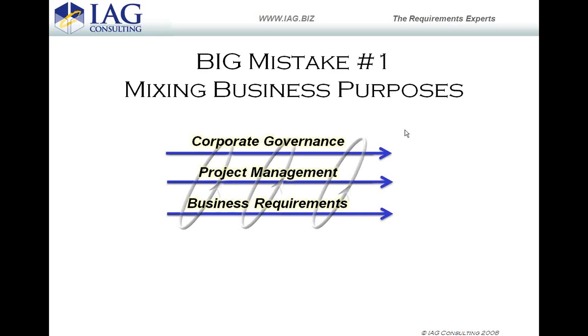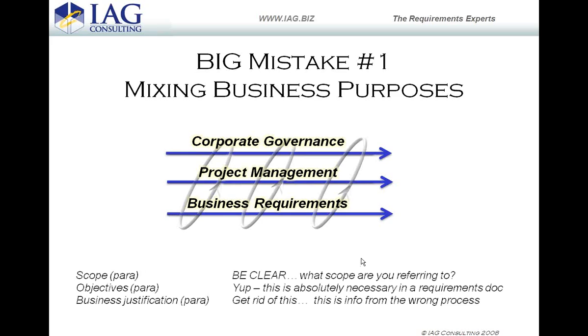So I want to point out to you what these pieces are in this particular document. What you've got here is scope. Absolutely, you have to have the scope identified in here, but be clear what scope you're referring to, because there's scope from a project management perspective, and there's scope from a business requirements perspective. More commonly, the scope of analysis or the scope of requirements.